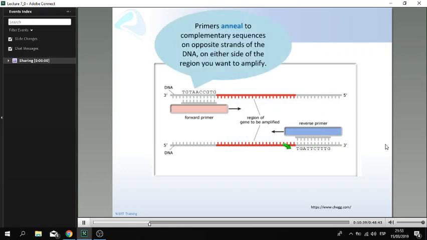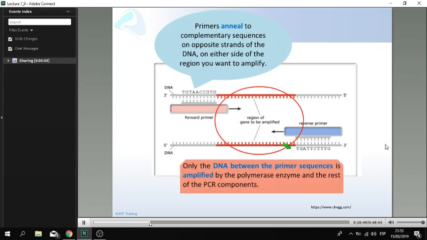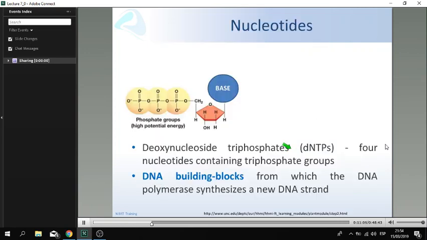So they are basically bracketing, so they anneal to complementary sequences on the opposite strands of the DNA on either side of the region that we want to amplify. And then what's amplified is what's between them. So only the DNA between the primer sequences is amplified by the polymerase enzyme and the rest of the PCR components. So they're extremely important because they guide what's going to be amplified.